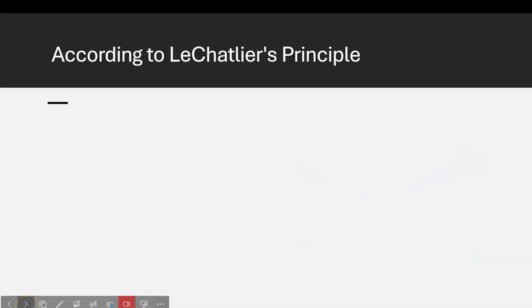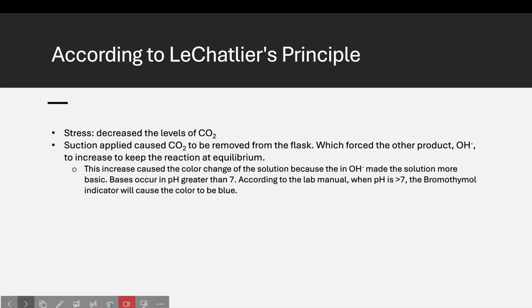Next slide. There we go. So according to Le Chatelier's principle for this specific experiment, as I've stated, the suction affected the CO2 because it was a gas, so thus it was removed from the flask. This was actually the stress that occurred. The stress was a decrease in the level of CO2.